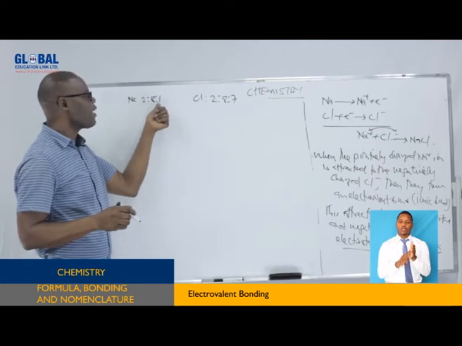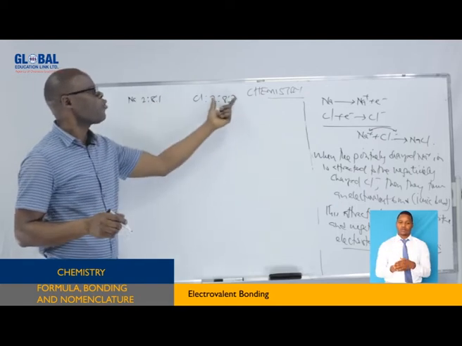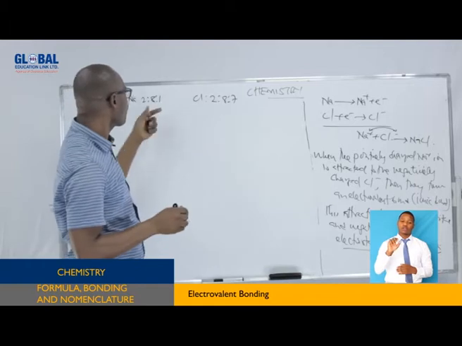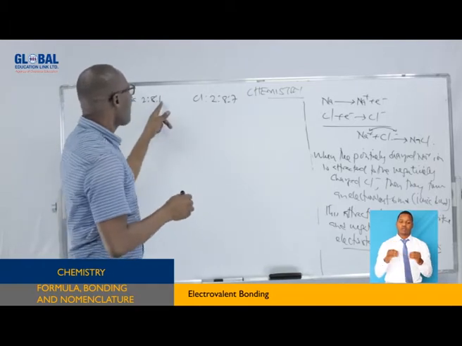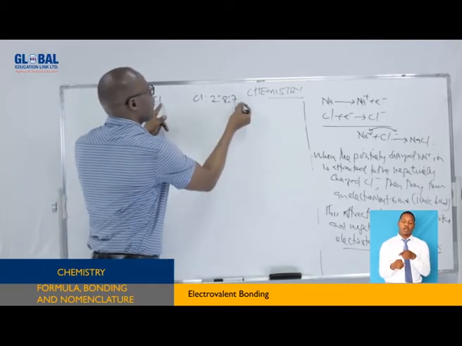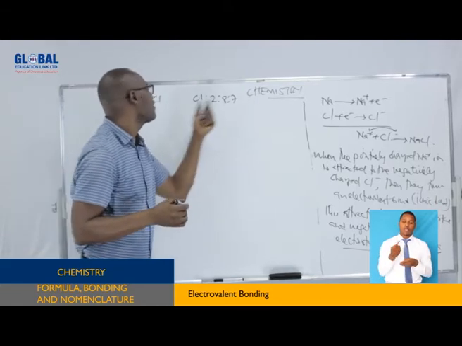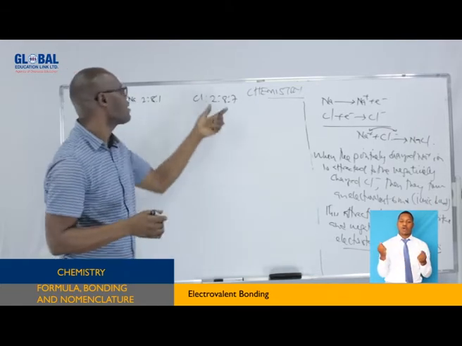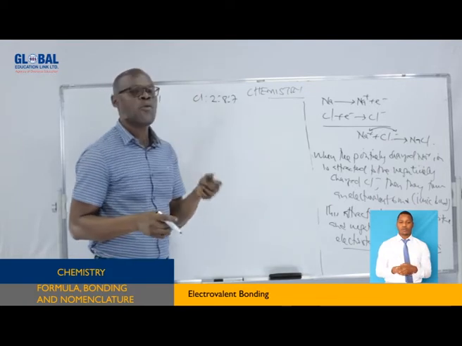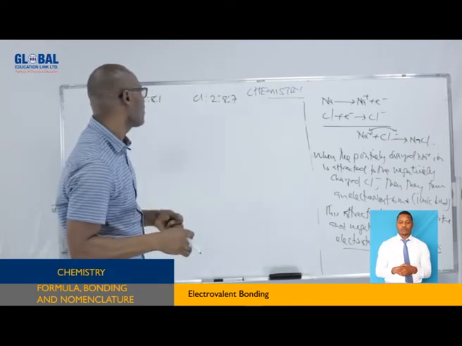Sodium has to lose this one electron, and then chlorine has to gain the electron. So what is going to happen? Sodium will lose this electron, and the electron will be taken by chlorine, so that chlorine becomes 2 to 8 to 8, sodium becomes 2 to 8. In both cases, both the sodium and the chlorine will be enjoying octet state of stability.